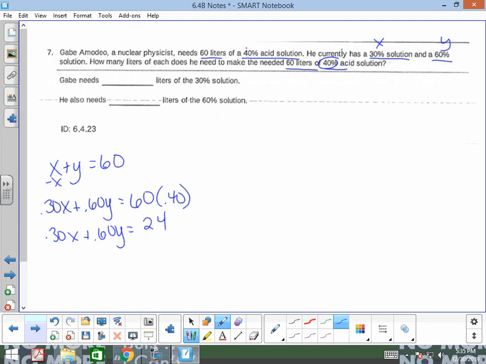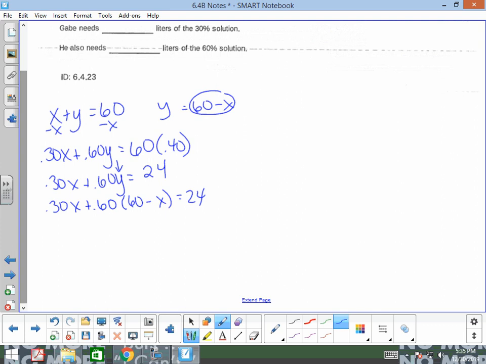Again, let's solve this top one for y. So we're going to put 60 minus x in for y down here. Okay, now we're going to do the distributive property. So we get 0.30x plus 36 minus 0.60x equals 24.